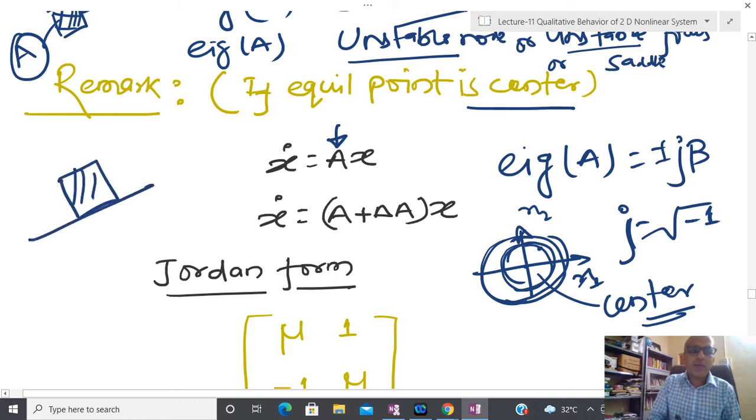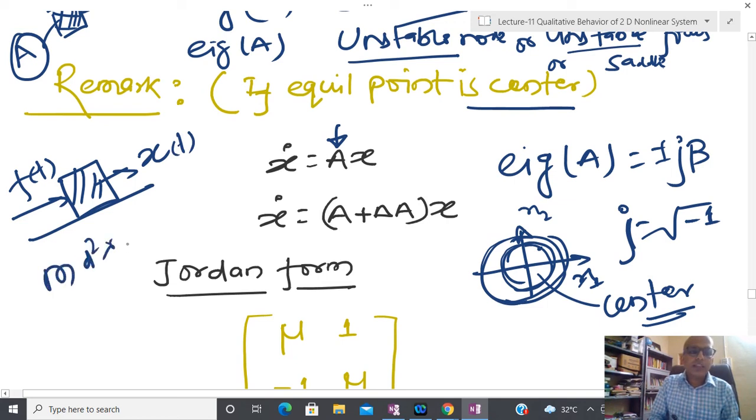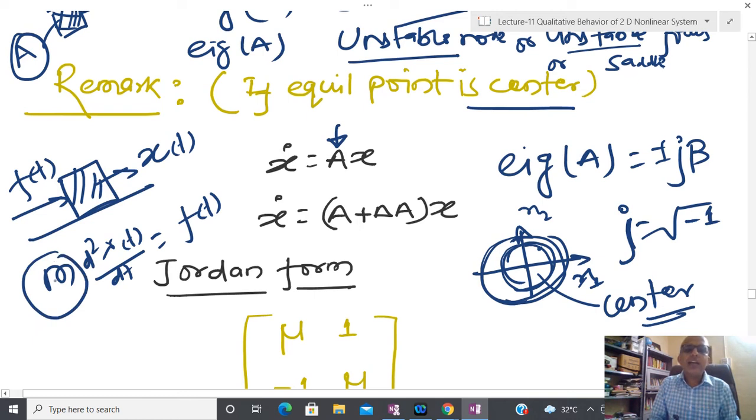I have applied some force f(t), and I note the position, and if I apply Newton's law, I get this f(t). If you represent this in state space form, you can see that the mass matrix is going to reflect somewhere.